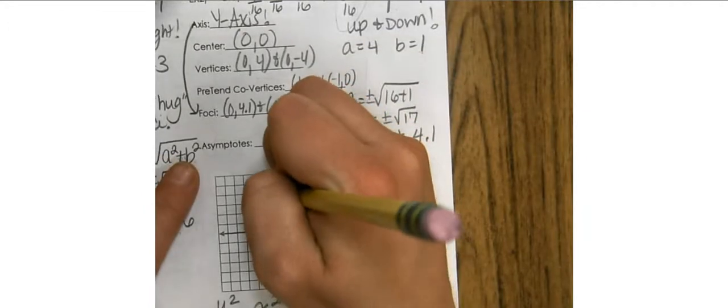Now I'm ready to come up with my asymptotes, and so I'm going to use this 5-step process that I wrote out for you down here. We've already plotted your A and B. Now we're going to draw a dashed rectangle through A and B. So here's what my dashed rectangle is going to look like.